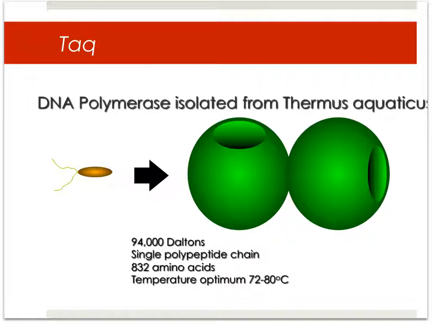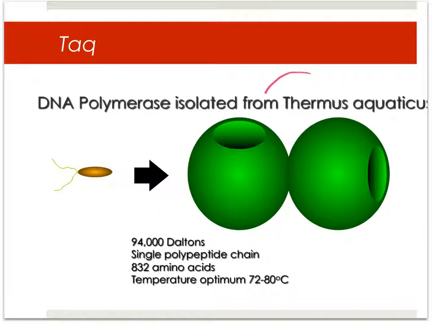So every cycle, you had to add polymerase enzyme. Second cycle, you open the tube and add enzyme. Third cycle, you add enzyme. I don't know how they did it at the time, but it must have been very tedious. Can you imagine doing that? It would be really boring.